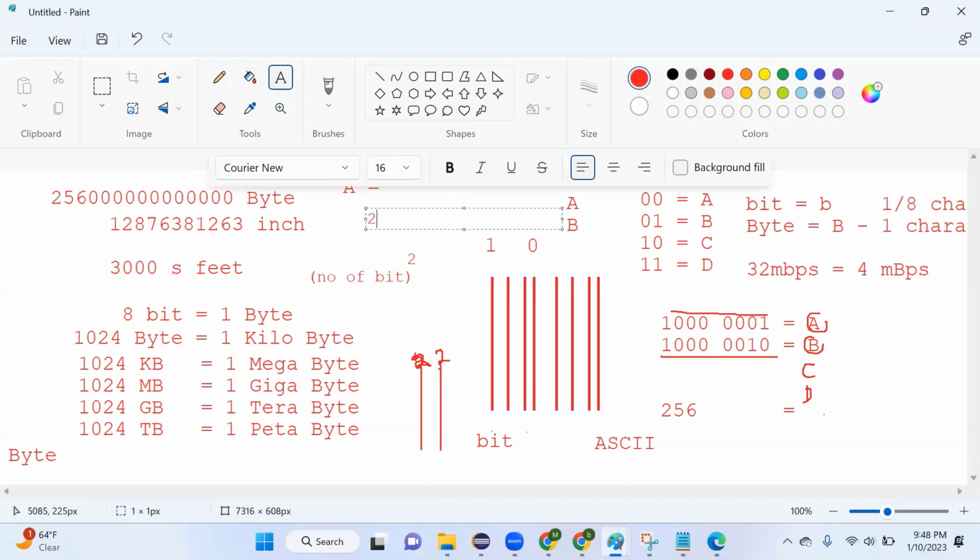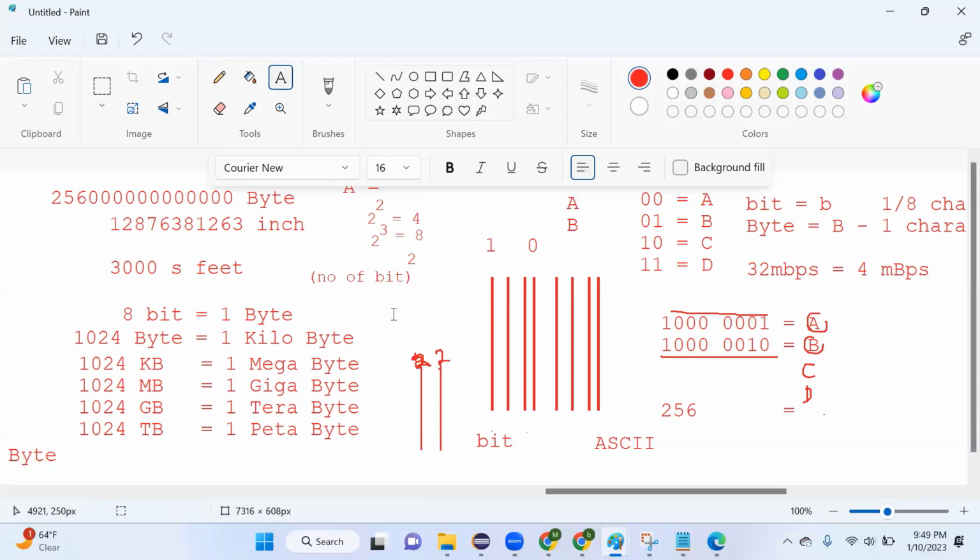So if I apply 2 bits, then in total how many characters can I accommodate? 4. If I apply 3 bits, then 2 square, 2 cube, it will become 8.